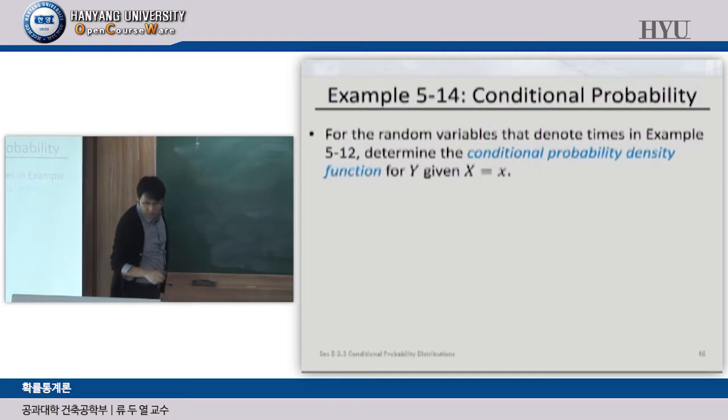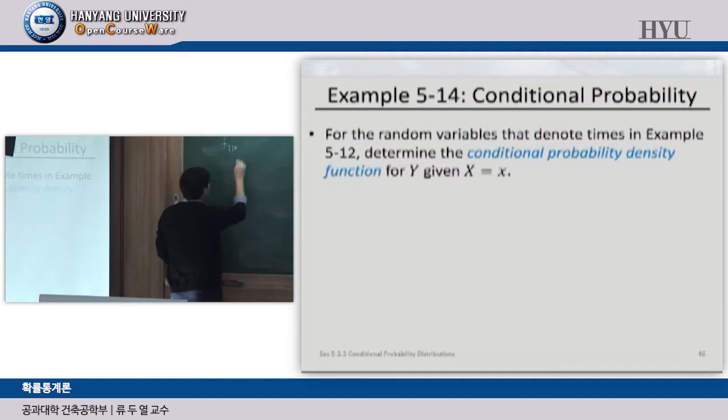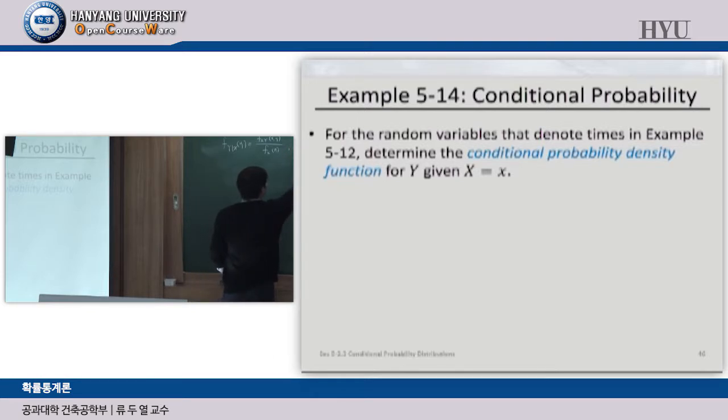The conditional probability density function of y given x is equal to the joint probability density function of xy over the marginal probability density function of x, right? We all know about this equation.